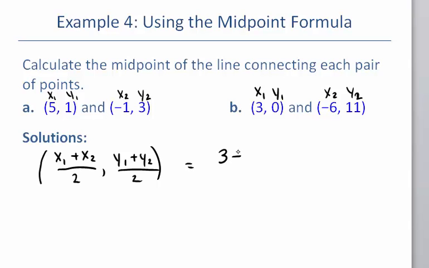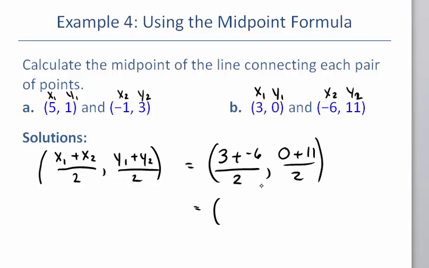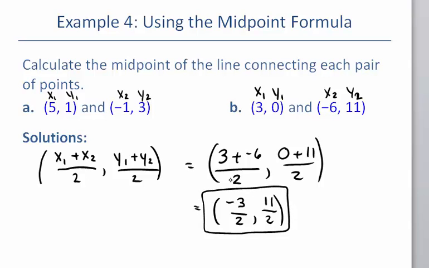So we would say 3 plus negative 6 divided by 2. And then we'll plug our y's in. So 0 plus 11 divided by 2. Simplifying on the top, 3 plus negative 6 gives me negative 3 over 2. And 0 plus 11 gives me 11 over 2. And so this will be the midpoint between the 2 given points.